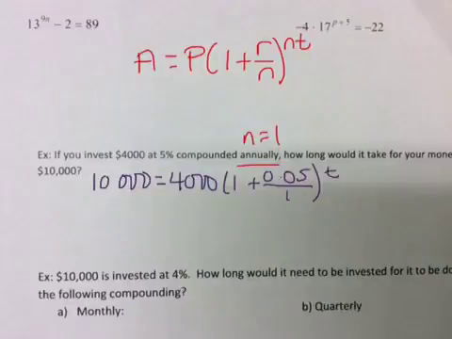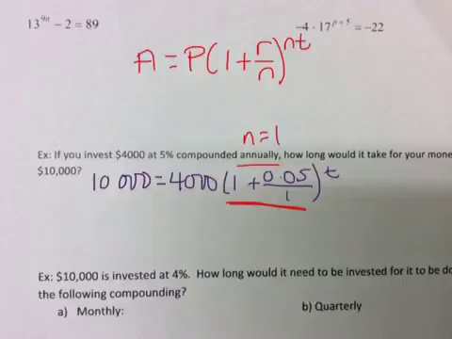Okay, just like before, what I'm trying to do is to isolate my base, and it's this right here with this 1 plus 0.05 that has the exponent of t. So on both sides, I'm going to divide by 4,000, and I'm going to get 10,000 over 4,000.